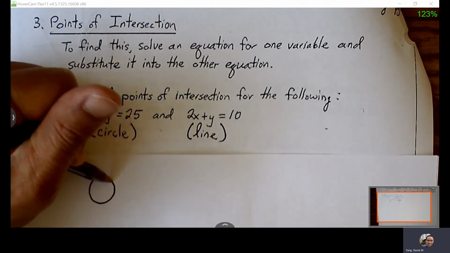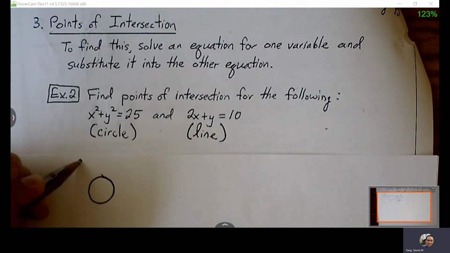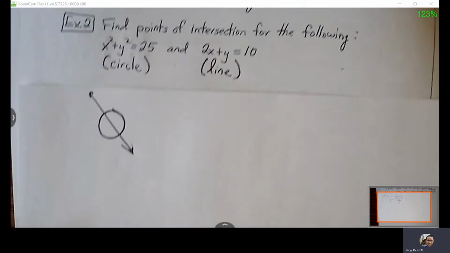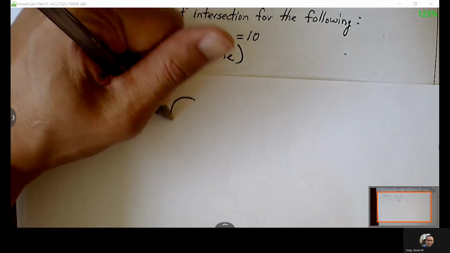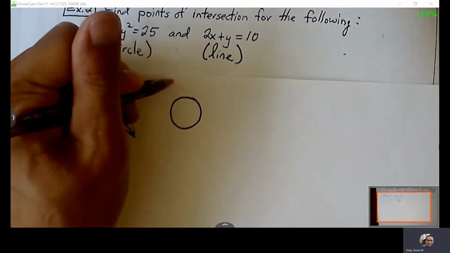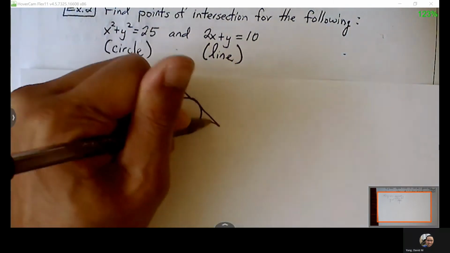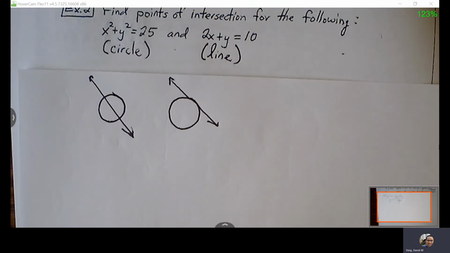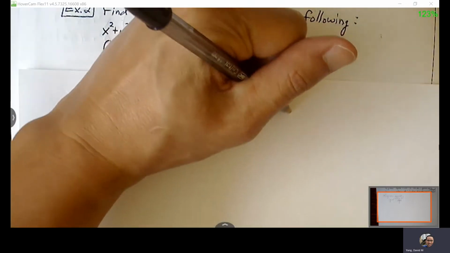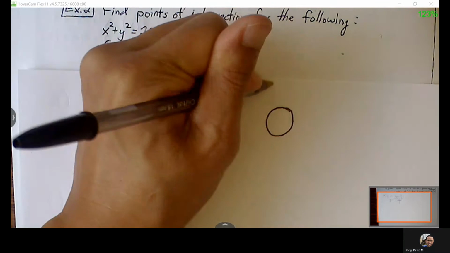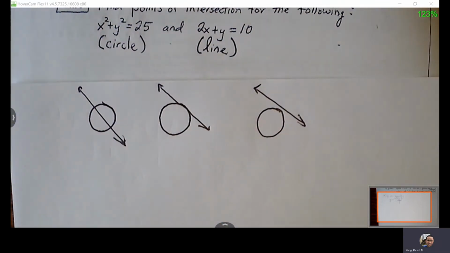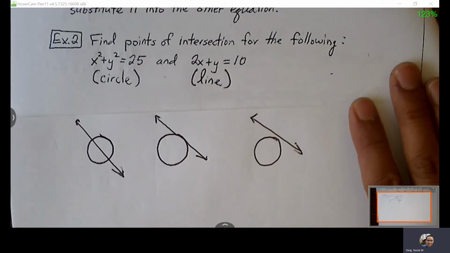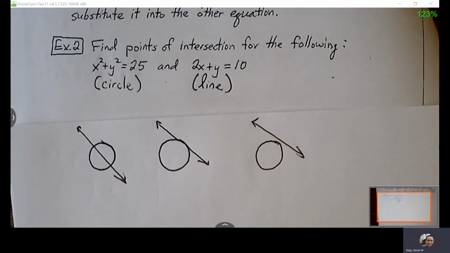You have 2 if the line crosses the circle at 2 points, but it could also be one solution if it's tangent to the circle. Is there another possibility? 0. It's possible that the line doesn't even touch the circle. Now we could graph these equations and find a solution that way, but we're going to do it from an algebraic perspective.